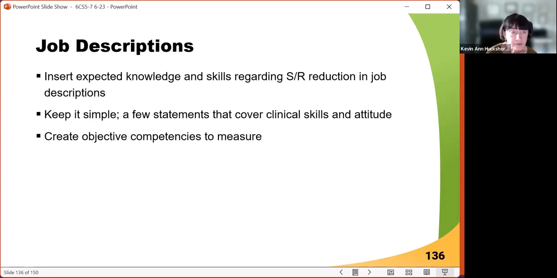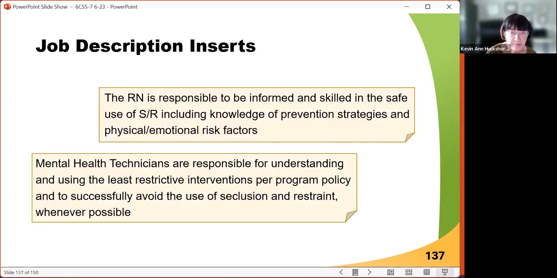Next slide. Job descriptions, we want to insert the expected knowledge and skills. We want to keep it safe, keep it simple. We want to do a few statements that cover both clinical skills and attitude skills. Next slide. So this is an example of job description type inserts.